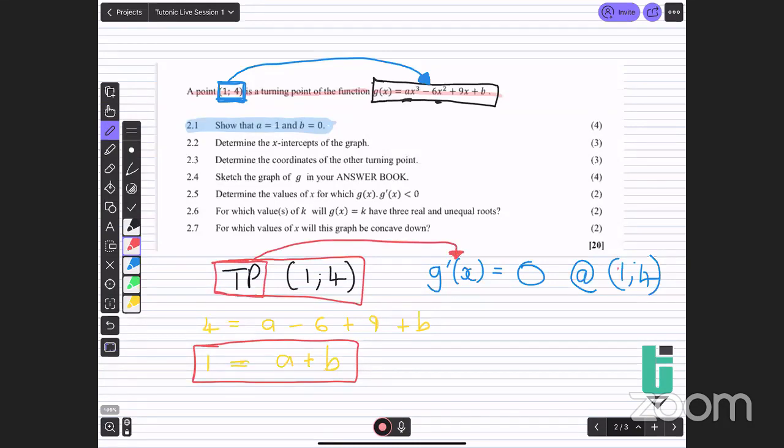So can't you find the derivative, put it equal to naught, and then sub in the value of x, which is 1, and then you can find a and b. So if you find the derivative, g dash x becomes 3ax squared minus 12x plus 9. And what happens to the b? It falls off because it's a constant.